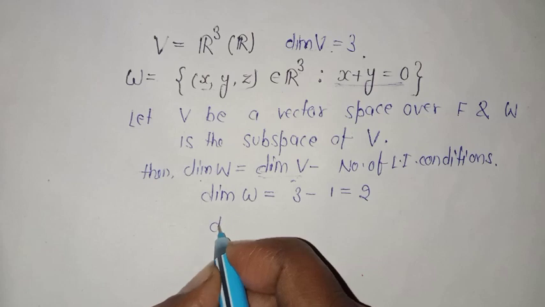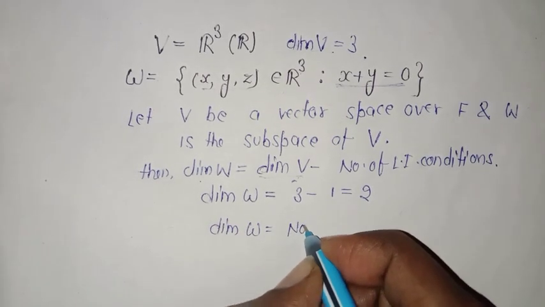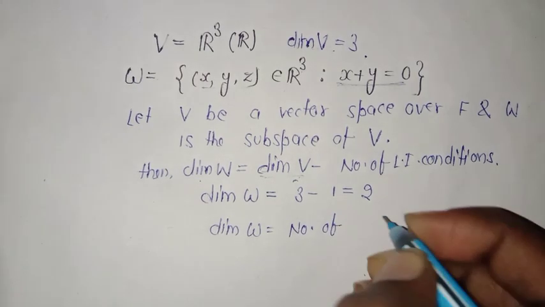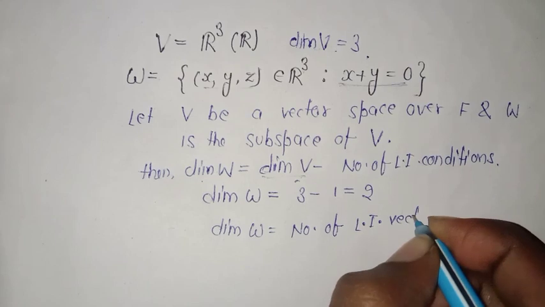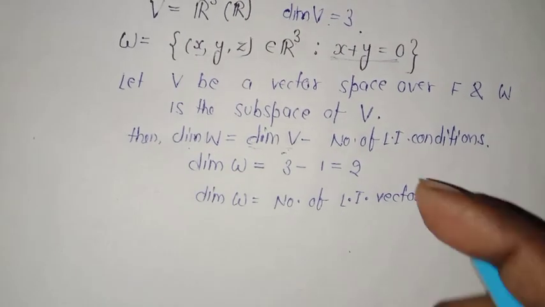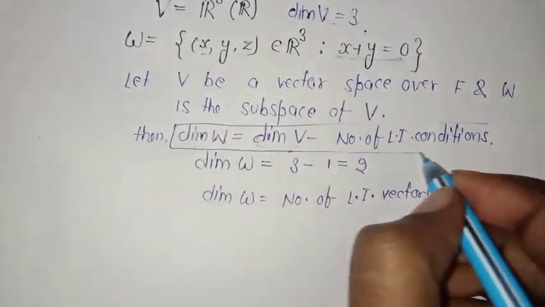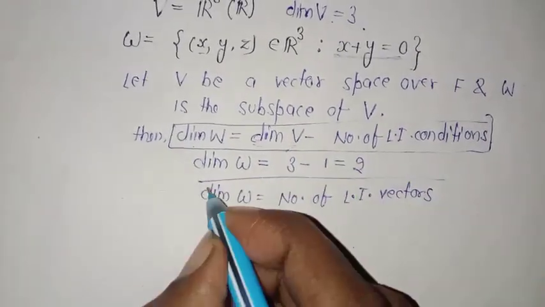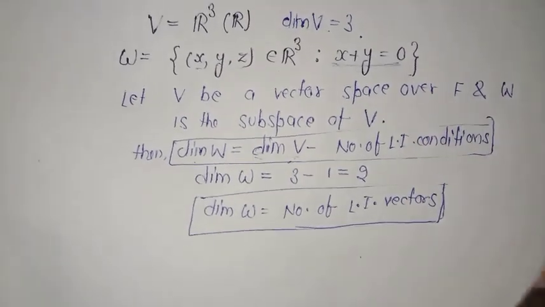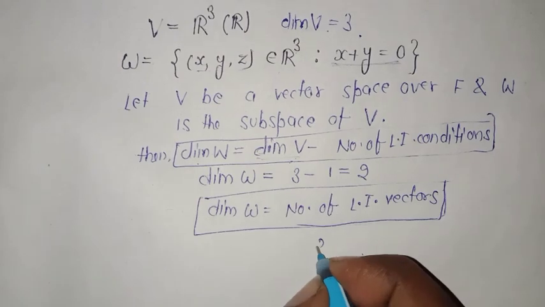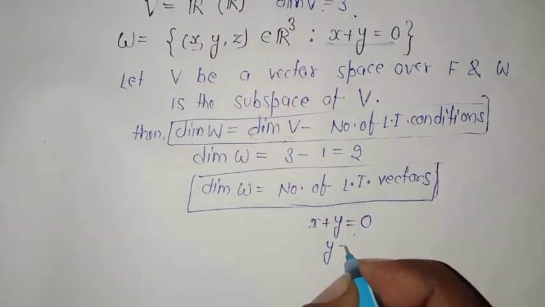The dimension of W can also be determined by this formula: the number of linearly independent vectors or variables determines the dimension of the subspace W. Because if we use this condition, x plus y equals 0, then we can write y as minus x.